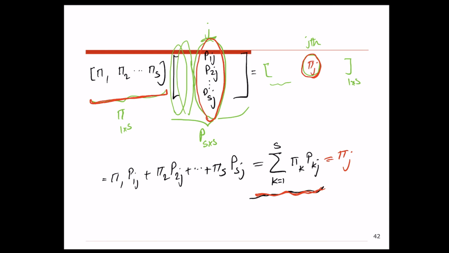That's exactly what we calculated based on the calculations in this slide and the previous slide. Similarly, if I multiply vector pi by the first column of the transition probability matrix P, I will get pi 1, pi 2, and all the way to pi S. So what that basically tells us is that if I multiply vector pi by the one-step transition probability matrix P, what I will get is vector pi.